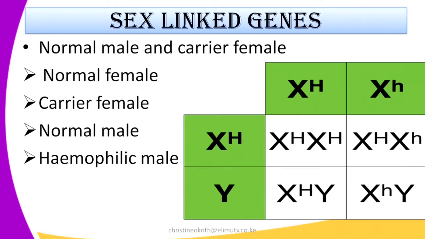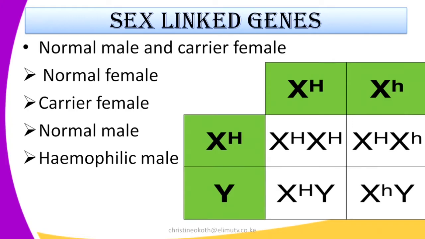Now, when you do the cross, the first one, the X and the X with both H, it means that the female is normal. You do the second cross, the X with capital H and the X with a small h, it means this one is going to be a carrier because she's having both the normal and the one for hemophilic.